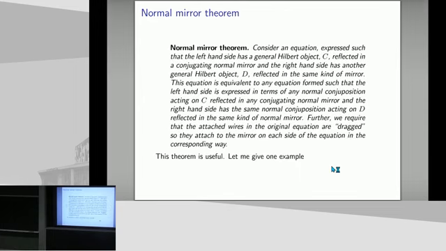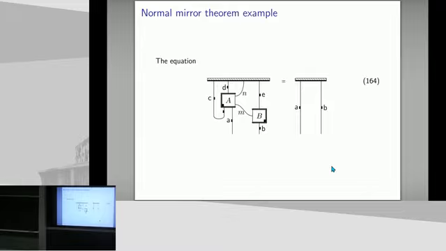Okay, so this is the mirror theorem, the normal mirror theorem. And it might be best if I show you an example, and then afterwards you can look at the words. So here's an example. Here's an equation. This equation has the form that I have some expression reflected in a mirror, and on the other side I have another expression reflected in the same kind of mirror.